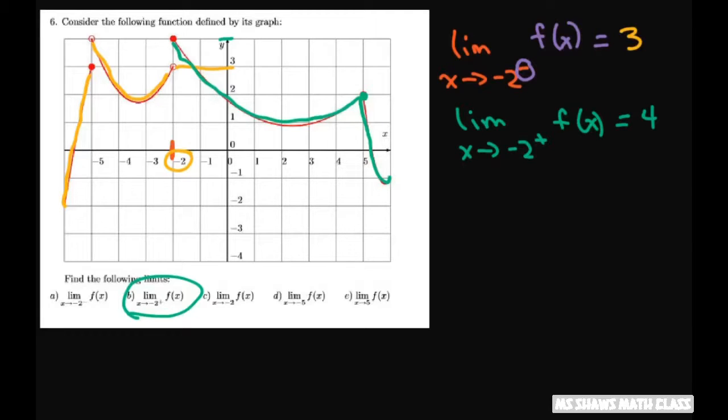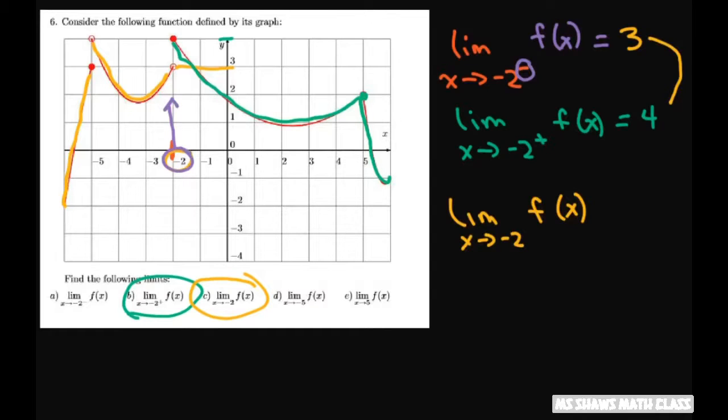So basically, when we do this one, the limit as x approaches -2 of f of x, when it doesn't have a plus and minus, that means you have to do both, which we already did. But when you're doing both, it's like your friend and you want to meet up at -2, somewhere along here at the same place.